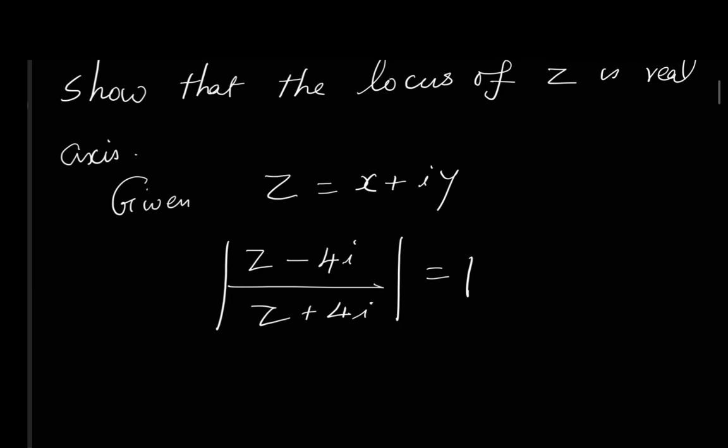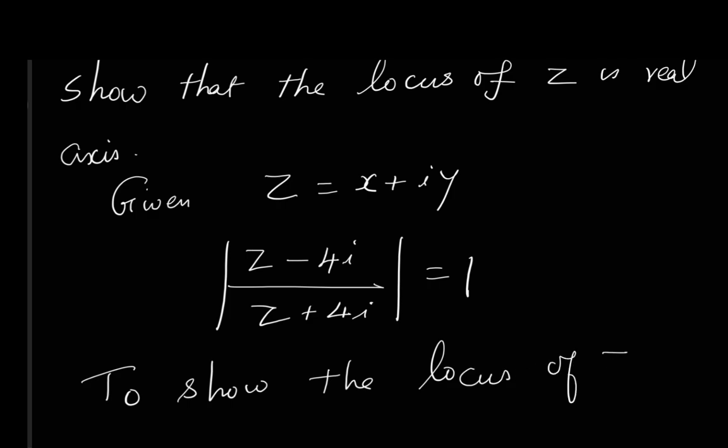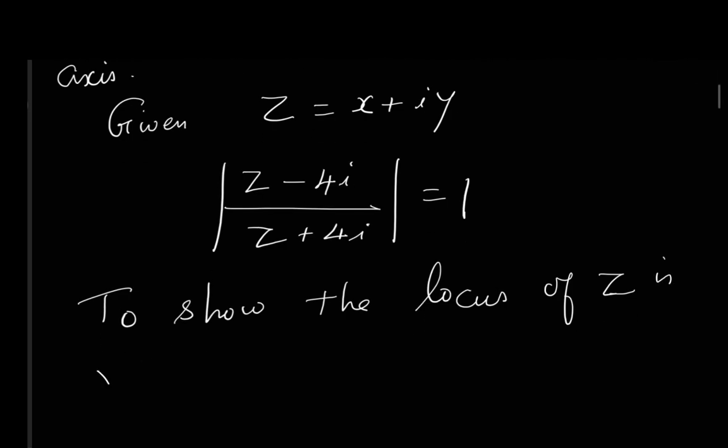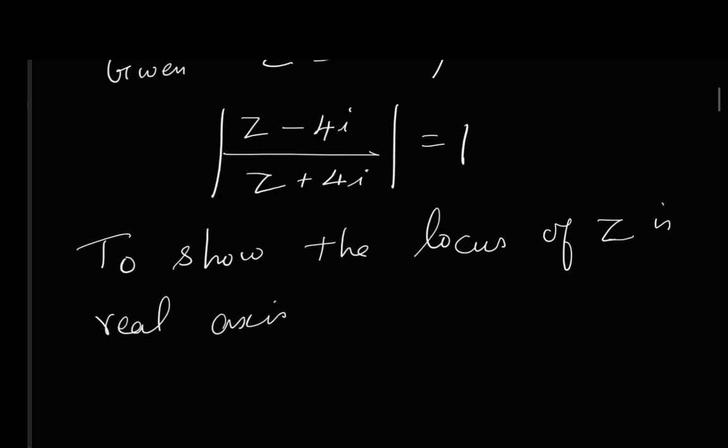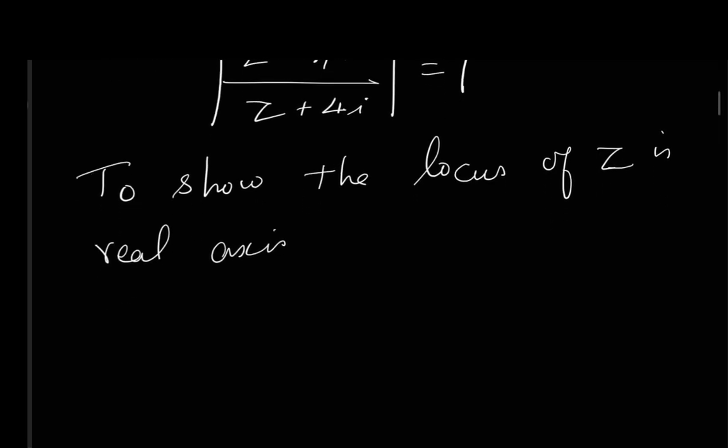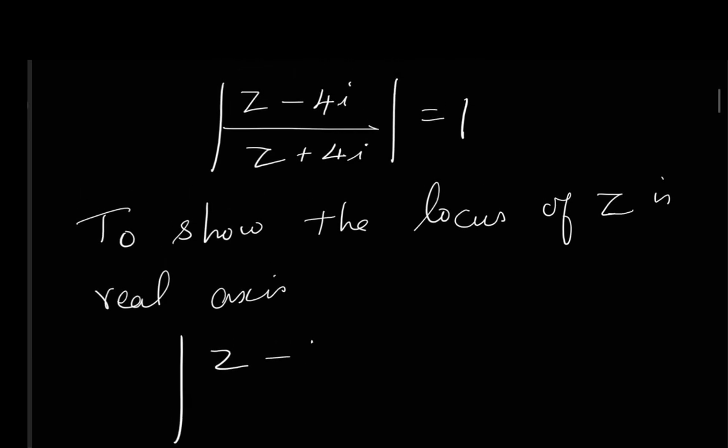You have to show the locus of z, that is the path of the complex number, is the real axis. That means y is 0, imaginary part is 0. So let me take here (z minus 4i) by (z plus 4i) is equal to 1.